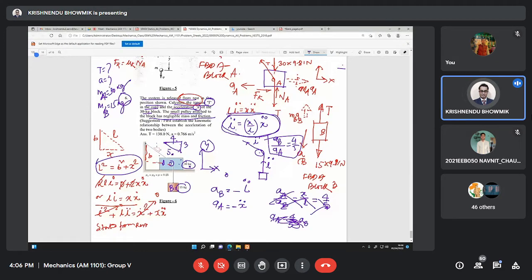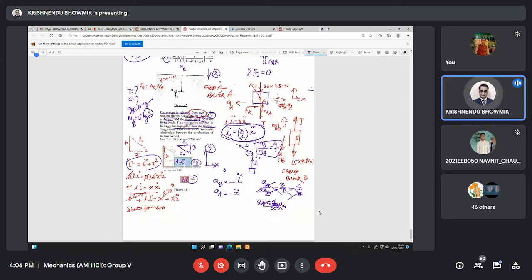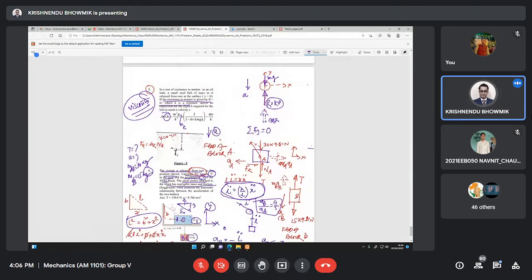Now we will utilize that free body diagram. As I told, summation Fy equal to 0, I have to say for which part. Maybe we come here for this one, the upper one.